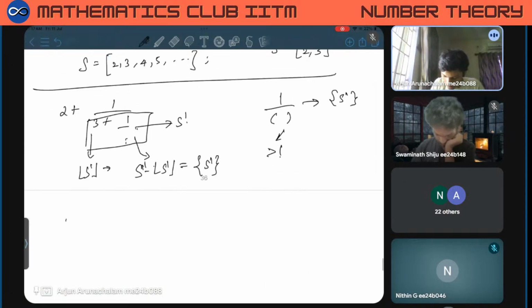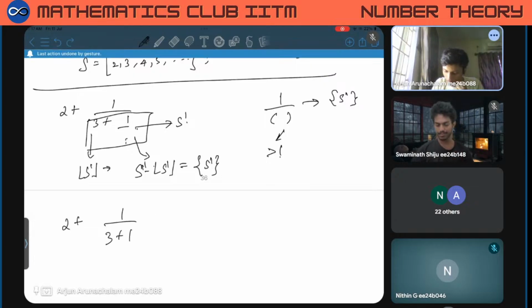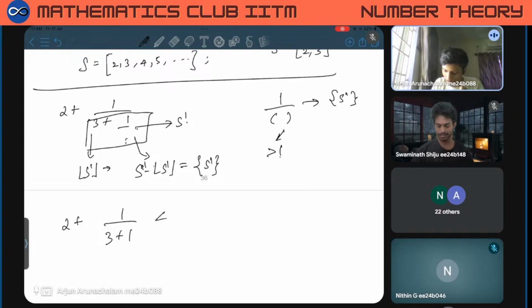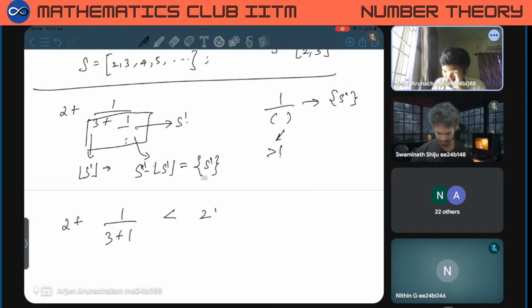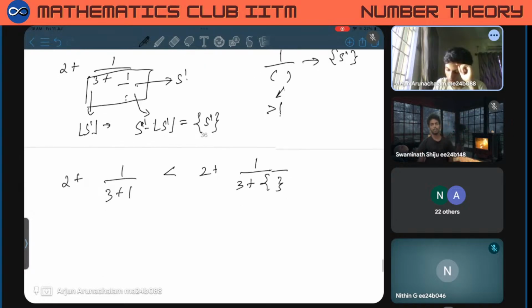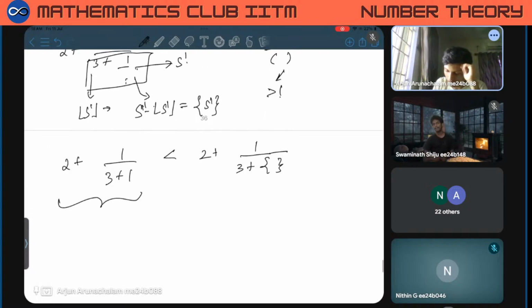So why it terminates: just do 2 plus 1 by 3 plus 1 by something. This will be less than 2 plus 1 by 3 plus some fractional part, right? So this has to terminate, right?